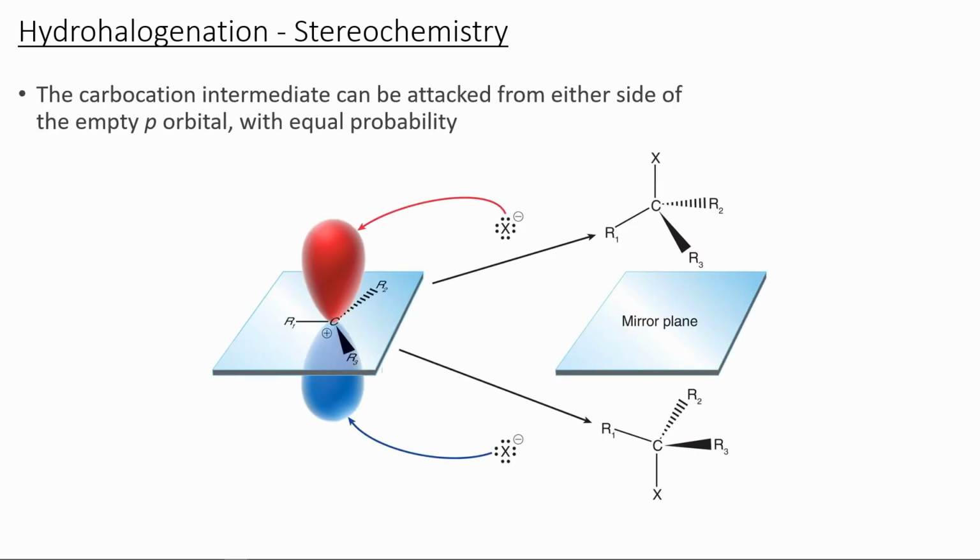If we look at the orbital diagram, we can see that once the carbocation is formed, the carbocation intermediate can be attacked from either side with equal probability. So the nucleophile can approach the p orbital from either angle. And so we'll get a mixture of enantiomers.